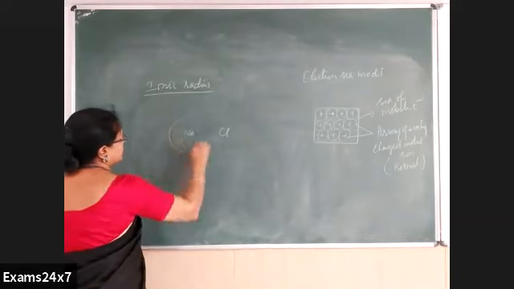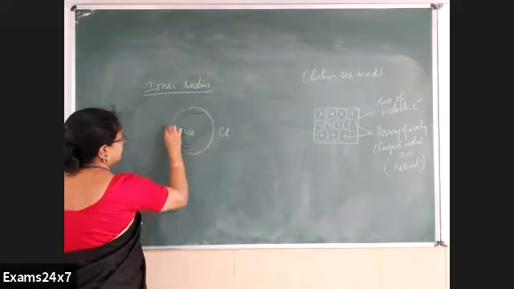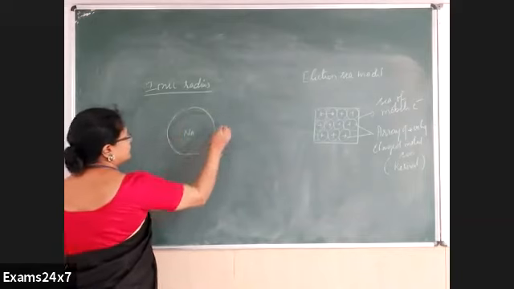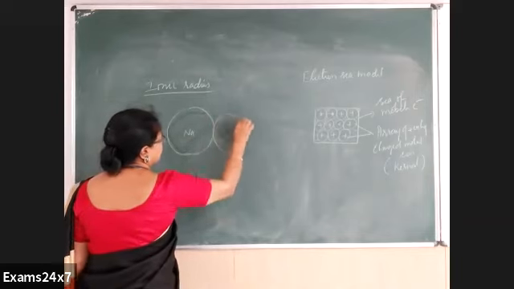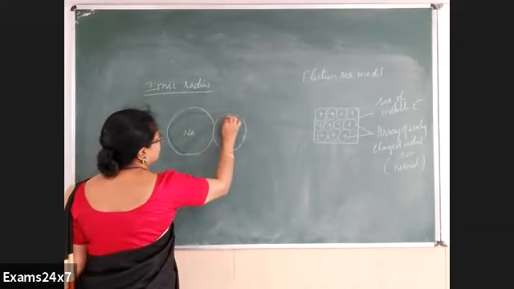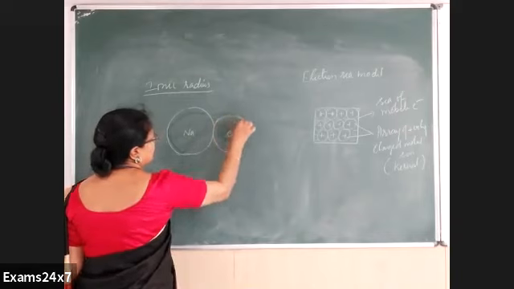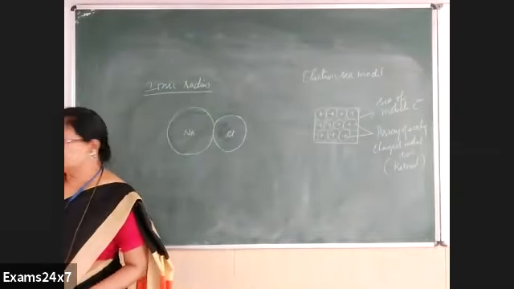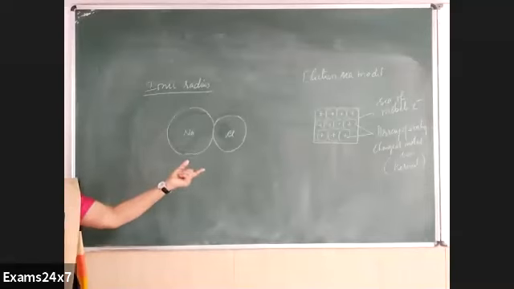Let us take sodium and chlorine. I'm showing this before the bond formation, before ionic bond formation. These are atomic sodium and chlorine. What would happen when the bond forms? Sodium's 3s1 electron will be shifted to chlorine, correct?